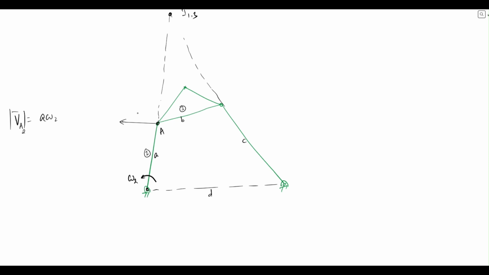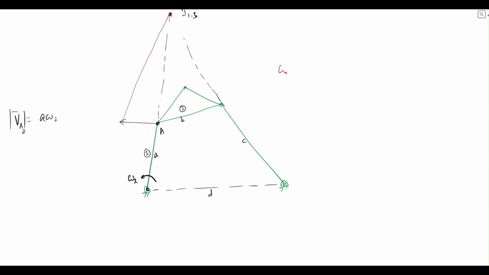And when we say A as a part of link 3 should have the same velocity, we can then draw a line from instant center 1, 3 and form this kind of a triangle. We know that the whole body 3 is now rotating with respect to this instant center I13.